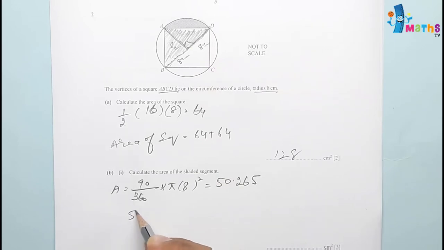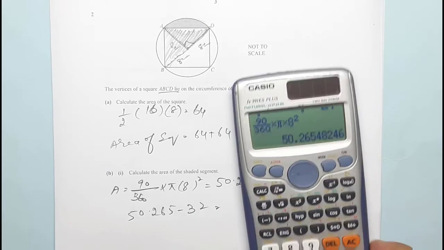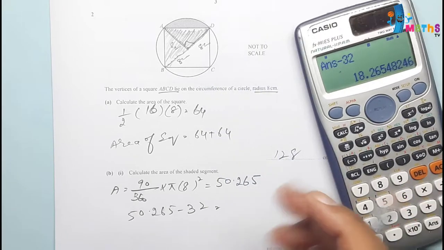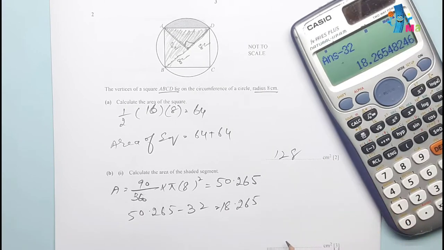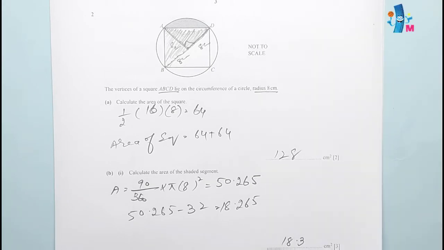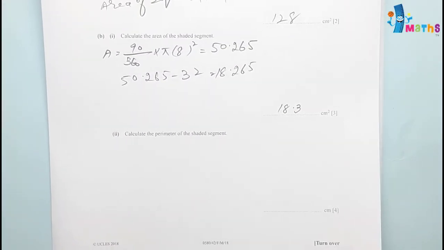So 50.265 minus 32 will be equal to 18.265, which is 18.3. We can write 18.3. Calculate the perimeter of the shaded segment.